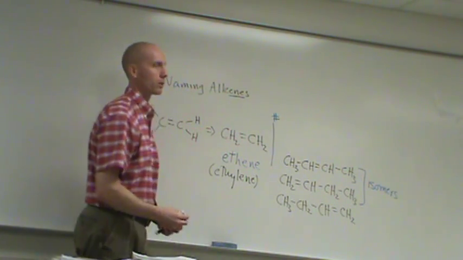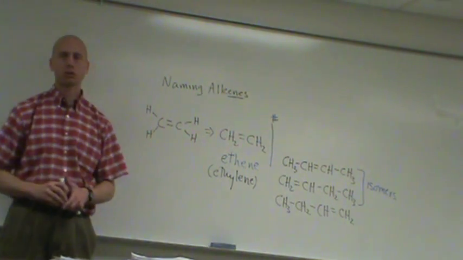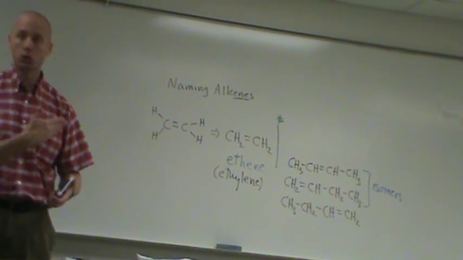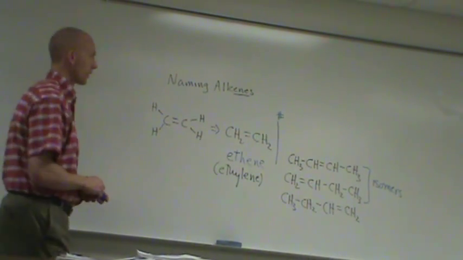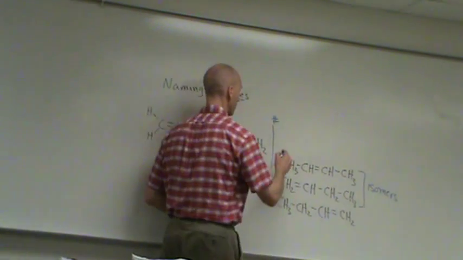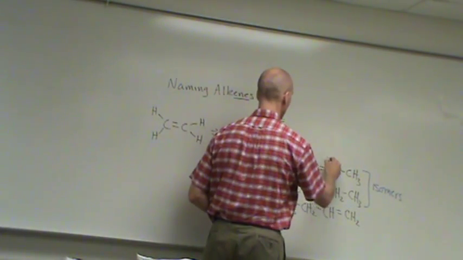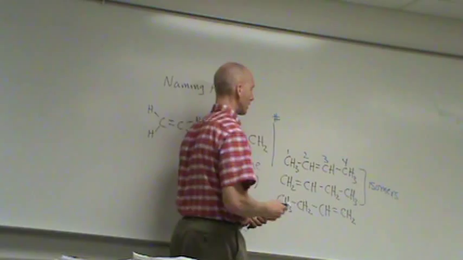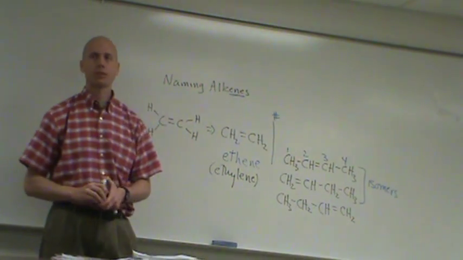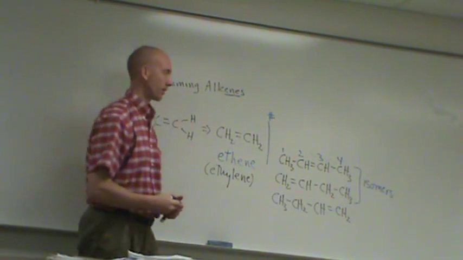I have to number where the double bond is. I've got to tell you where it is, because those two are different things. So what I do is I number the chain.